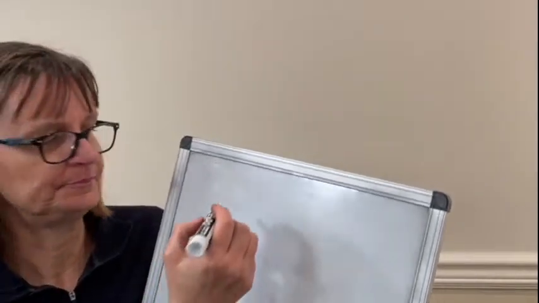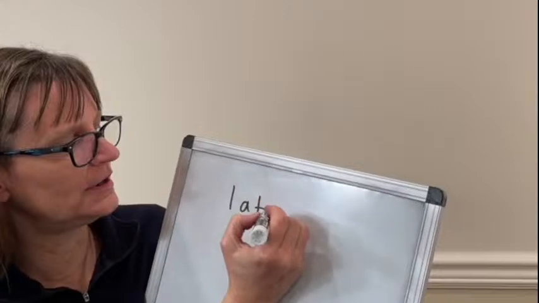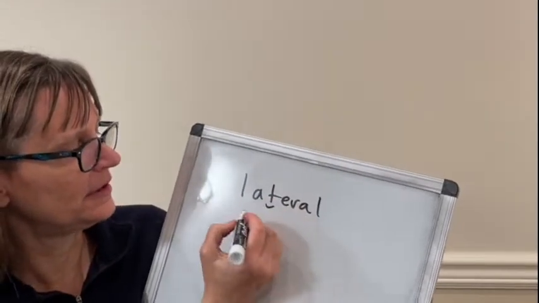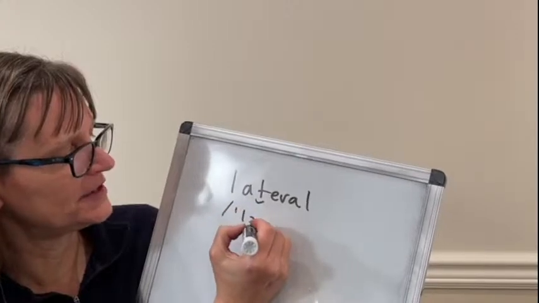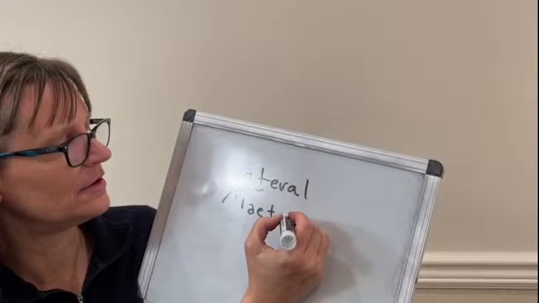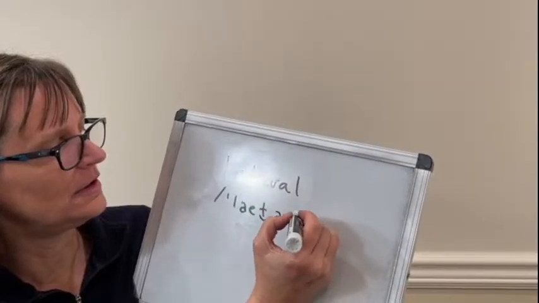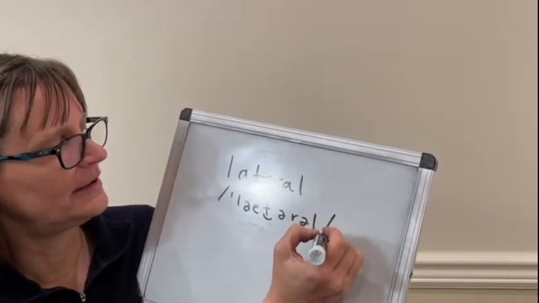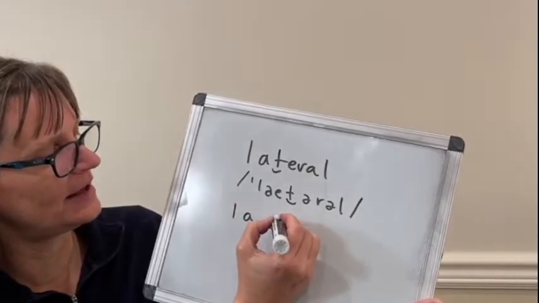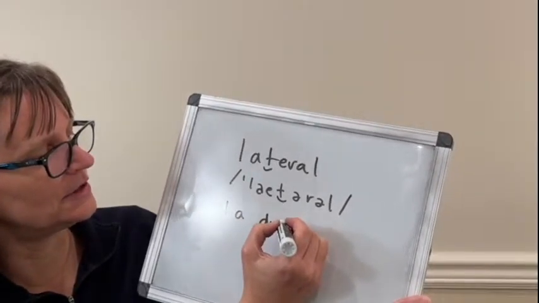Okay, we have a question about lateral and laterally. So for lateral, we have a flap here. We have first syllable stress and the black cat vowel, lateral. So thinking about it like ladder.